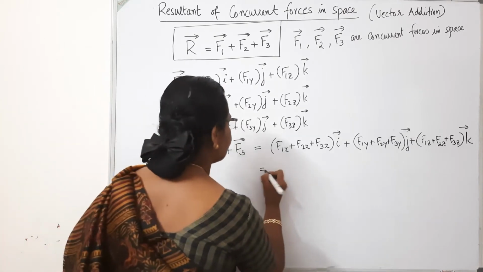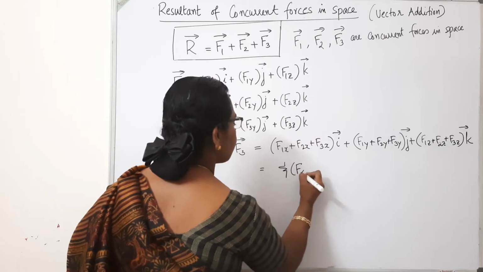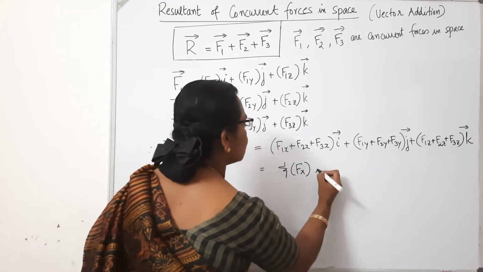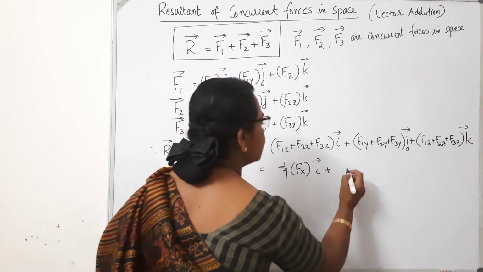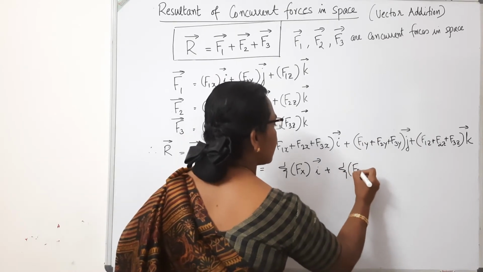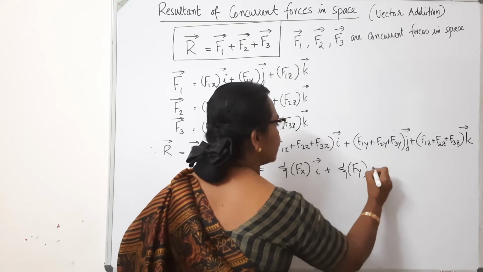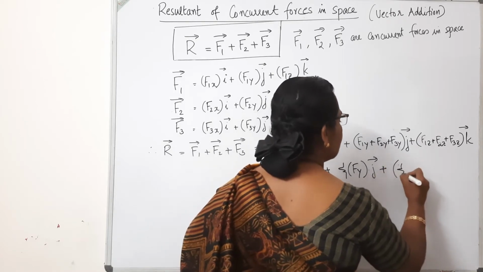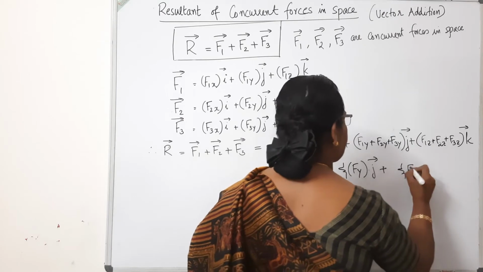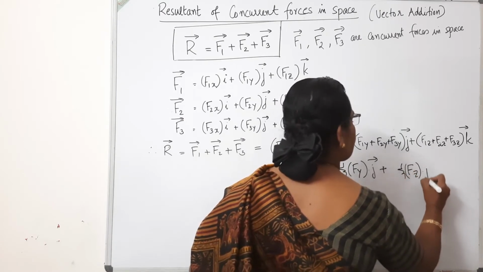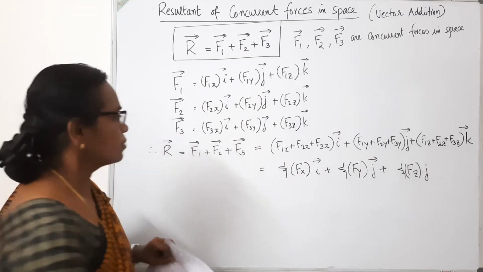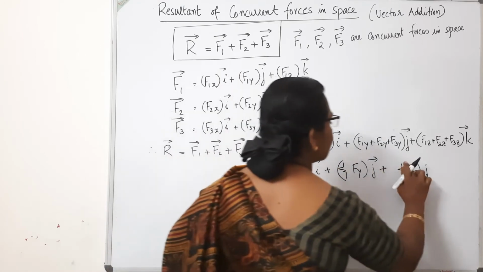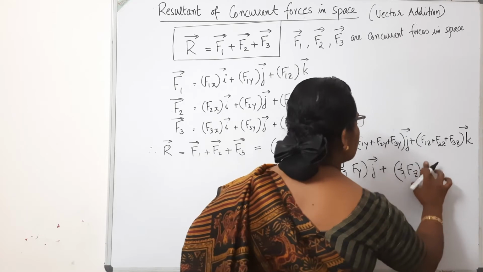So this can be rewritten as sigma Fx, the sum of x components of the different forces acting at that point, into i, plus sigma Fy, components of all the forces acting in the y direction, j, plus sigma Fz, k.